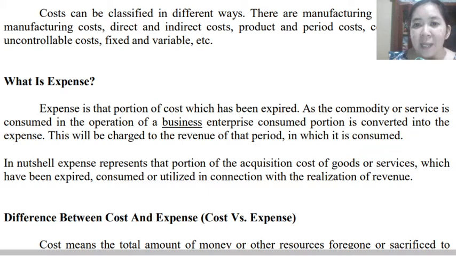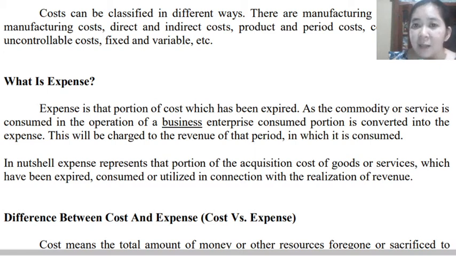Okay, so we recognize this expense immediately in the period in which they were incurred. Again, expense when incurred. They are recognized as expense in the period in which they were incurred. Unlike your cost, which can be recognized only when a sale takes place.